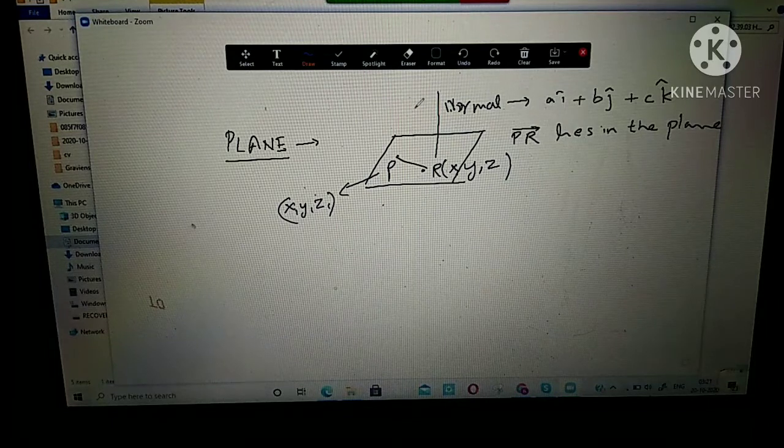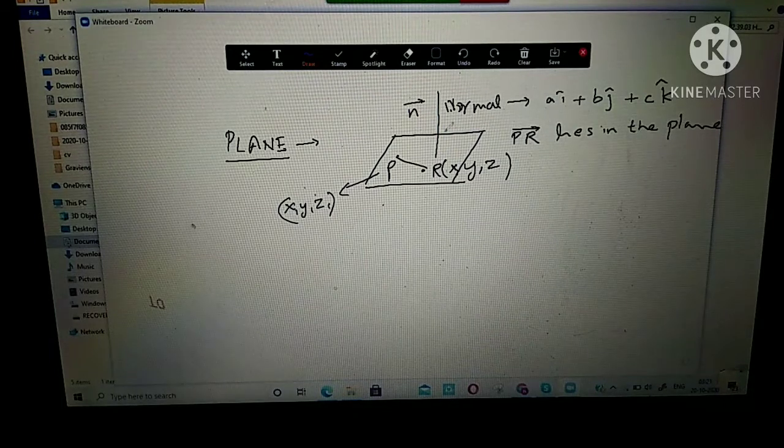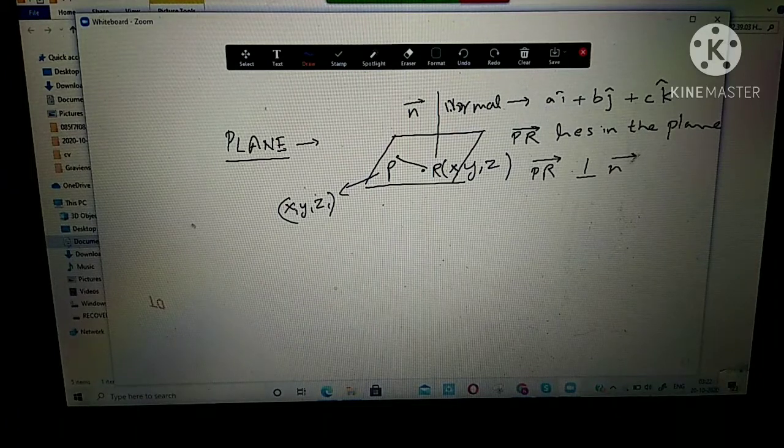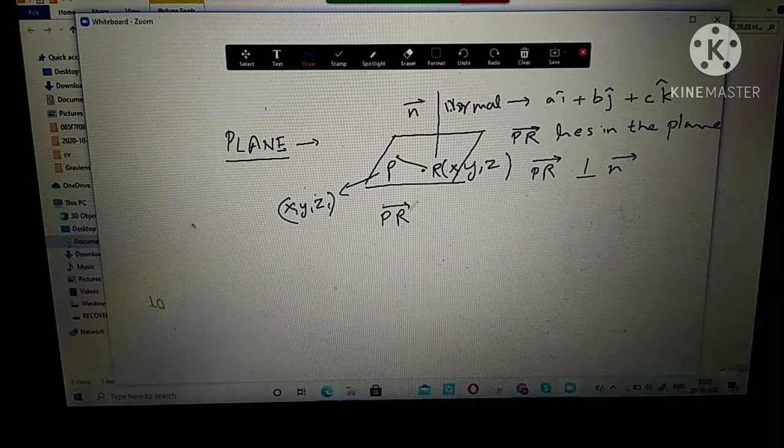The normal vector, say n, is perpendicular to this plane. So the angle between the plane and the normal vector is 90 degrees, so PR vector is perpendicular to n vector. So we can write PR vector dot n vector is equal to 0.